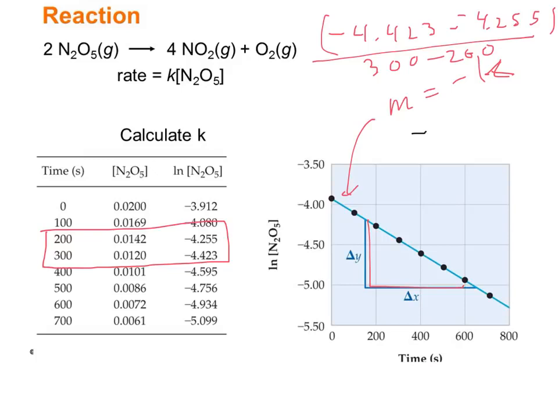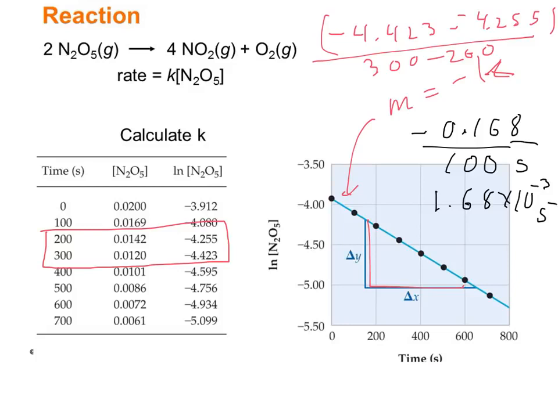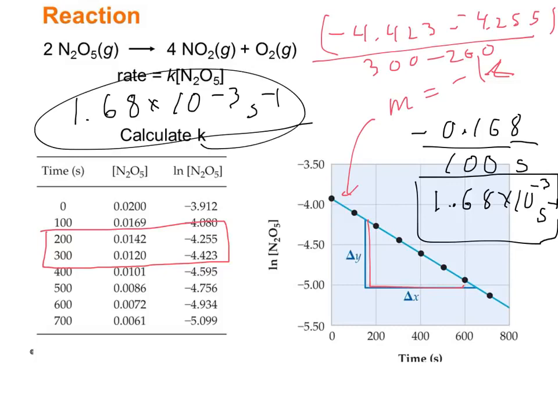That gives me a negative 0.168 divided by 100. And that gives me, why am I even looking for my calculator? That gives me 1.68 times 10 to the negative third inverse seconds for my k value. So you can take a graph and you can use it to solve for the rate constant for a reaction.